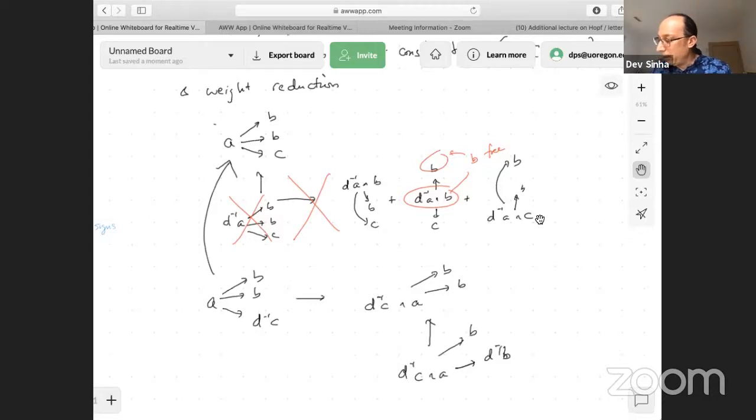And then the other term I get in contracting that edge is, yeah, because any other time I take a D, I'm going to get 0. So I really have to think about just contracting the one edge. And then that's going to be what? D inverse C wedge A wedge D inverse B. And then that's still connected to a B, and I can do that any way I want.